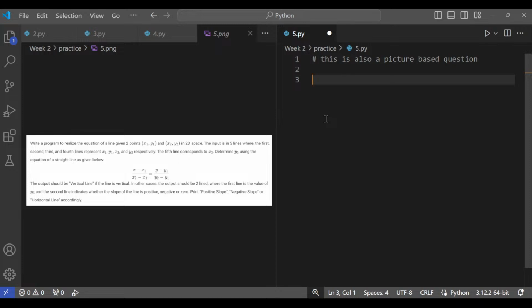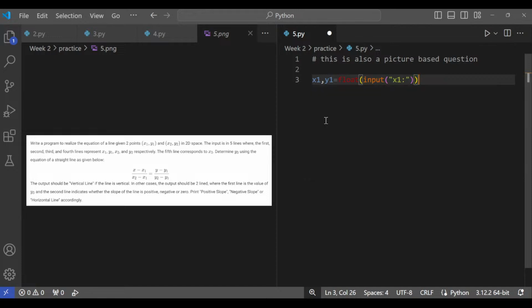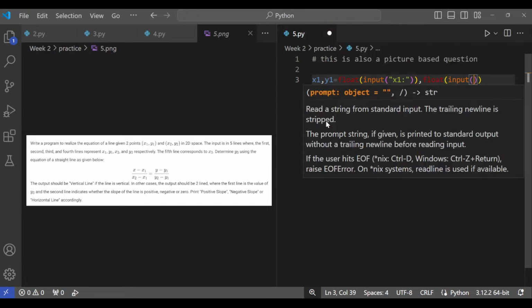Okay, so I would take x1, comma, y1 equal to float of input of, and that is going to be x1 in a string, comma, float of input of x2 within a string.